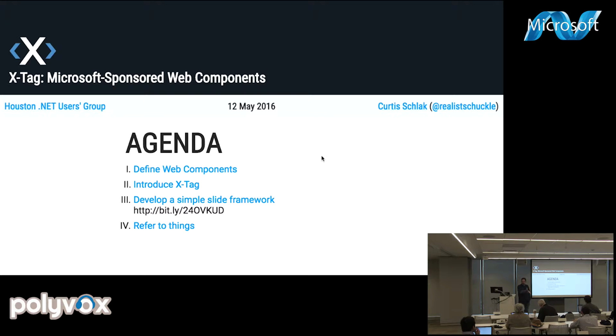What web components allows you to do is now make all of that extensible. And you can define your own elements, which is extremely powerful and game-changing, and obviously Microsoft thinks so because there's now a Microsoft-sponsored and supported web component library, Xtag, which was originally started by Mozilla, but we'll talk about that in just a moment.